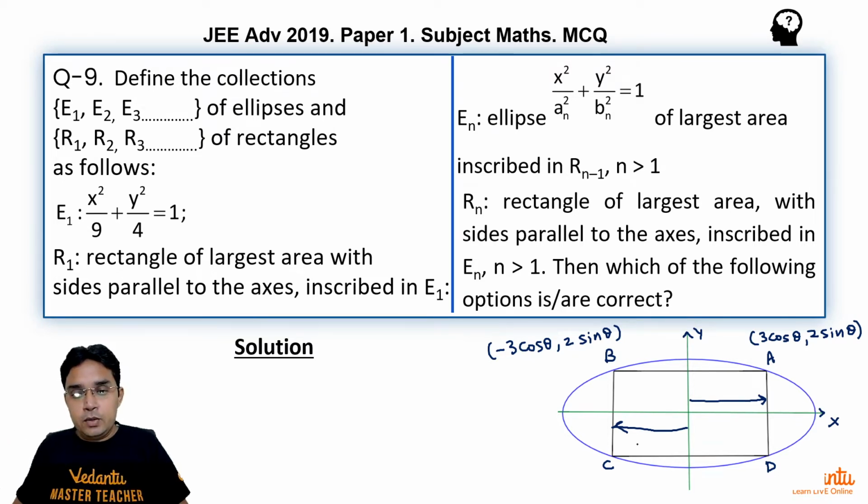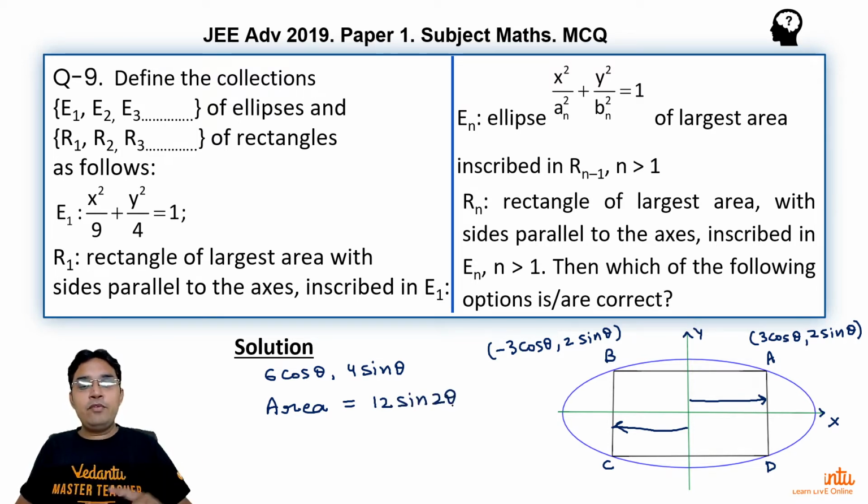Okay, similar to this we can write coordinates of C and D. Now sides of this rectangle are, you can easily check, 6 cos theta and 4 sin theta. So the area of this rectangle would be 6 into 4, 24 sin theta cos theta, which I am writing as 12 sin 2 theta.